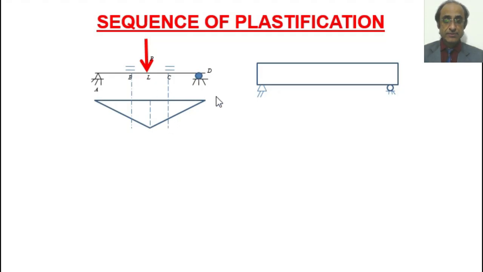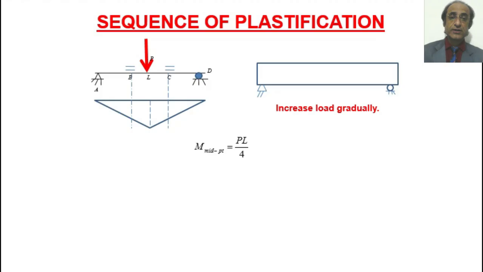It's a very simple structure, and here at the midpoint the bending moment is PL/4, and this is the governing moment, because this is the maximum bending moment anywhere in the beam. So let's increase this load in a gradual fashion, and we can understand how the structure undergoes plastification.